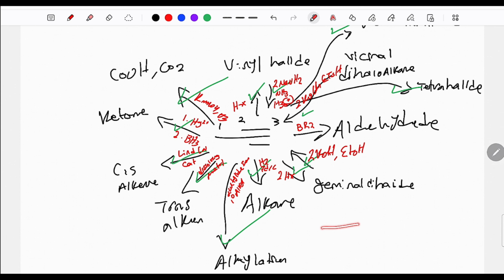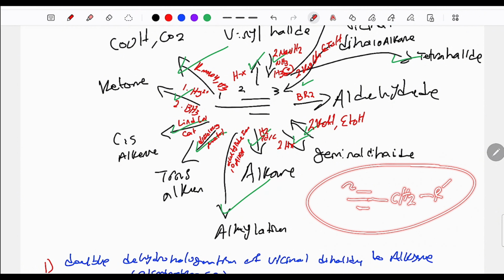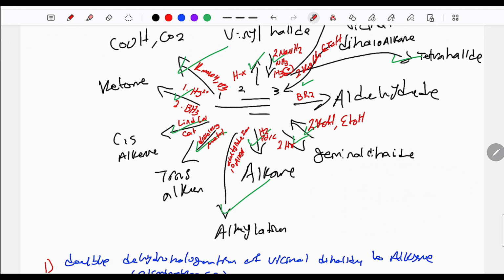So if I have this terminal alkyne here, and I treat it with sodium NH2, that would turn it into an acetylide anion. And I attack it to an R prime CH2Br. The Br leaves, and I end up with that CH2 R prime. And now you can see I have synthesized an internal alkyne from a terminal alkyne.